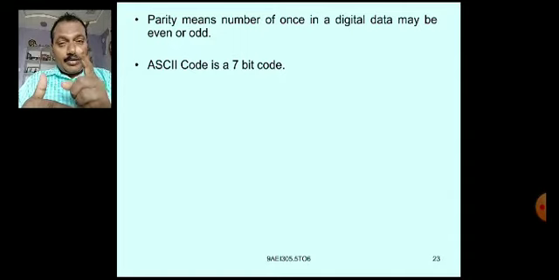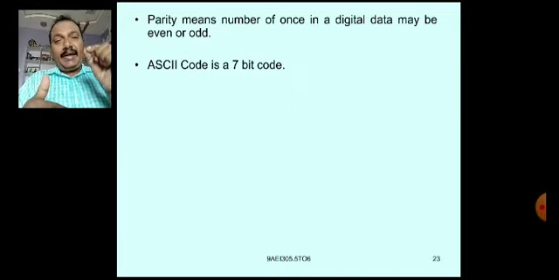If we adopt odd parity, the message signal must have an odd number of ones. That means we must add an odd parity bit such that the number of ones of the message signal including the parity must be odd.